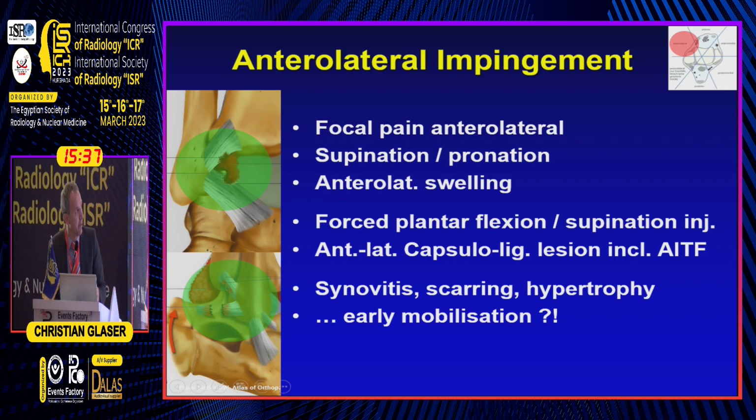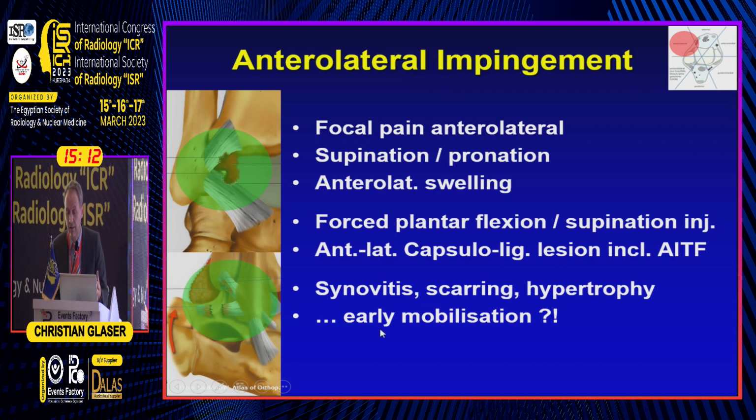Our target area here is the area between the lower aspect of the anterior syndesmotic bands, the upper aspect of the LFTA, the anterior of the lateral collateral ligaments, and the space in between. And all of these structures can be affected, again, with that sequence of inflammation, hypertrophy.